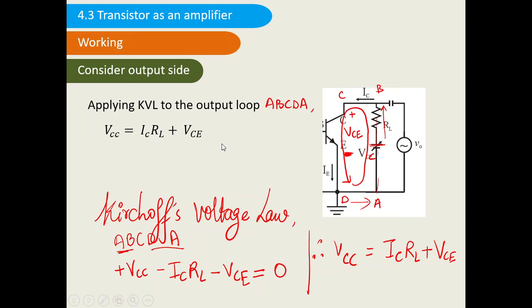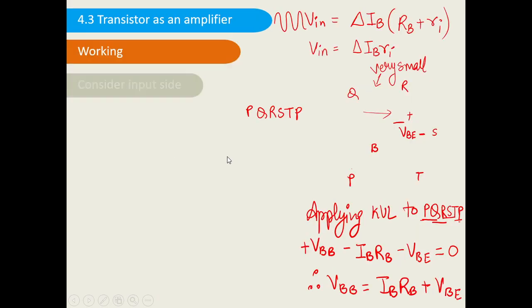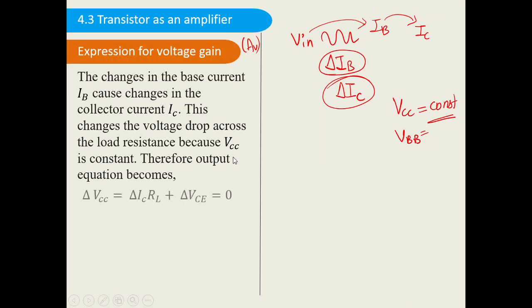Because of the changes in IB, IC is changing, represented by delta IC. So delta VCC plus delta IC RL plus delta VCE is equal to 0.